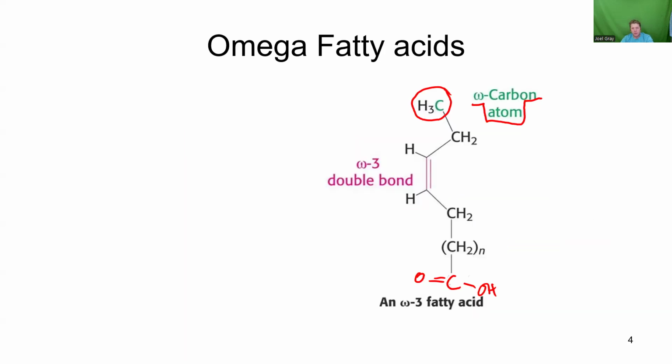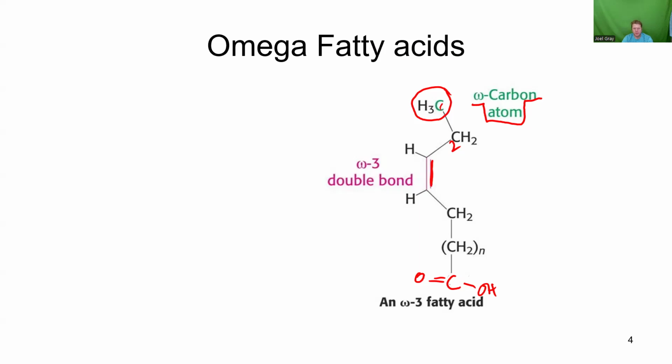If you're talking about an omega-3 fatty acid, you number from that 18th carbon and count up 3. So our 18th carbon would be 1, 2, and then we're going to put a double bond between those two carbons.